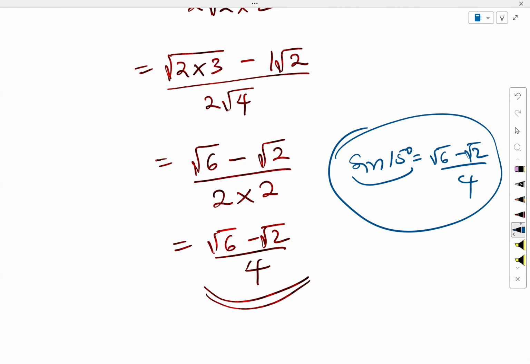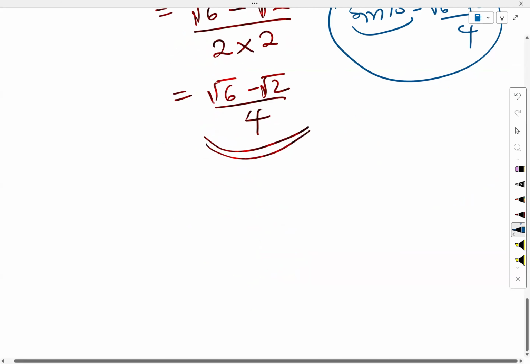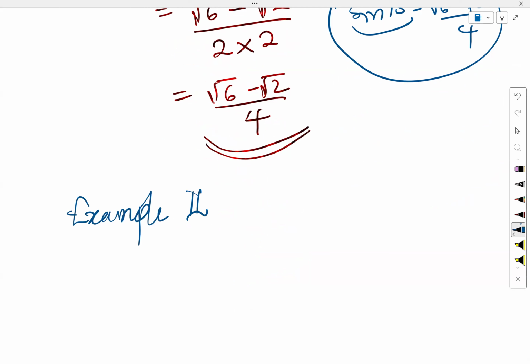Okay. All right. So let's go to the second example. Example 2.